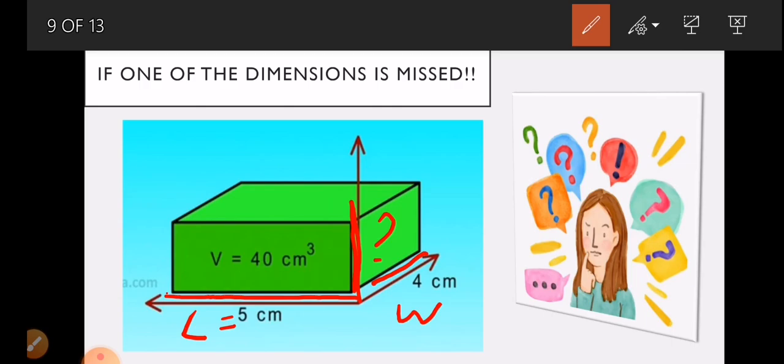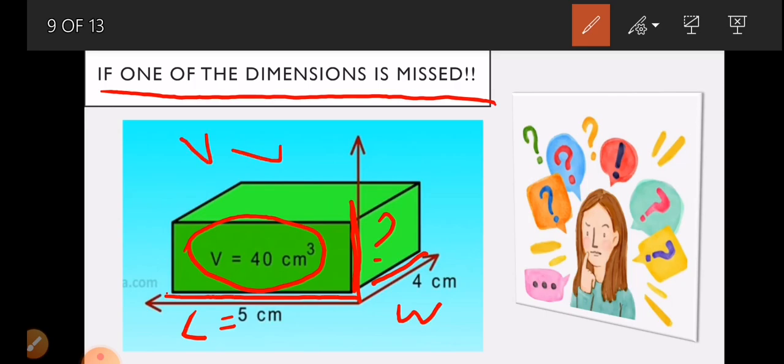But you have another piece of information, which is the volume. How can I get the height here? If one of the dimensions is missing and I give you the volume, how can you get this dimension? So if I give you 2 dimensions and the third is missing, how can you find the third one? Let's explain it.